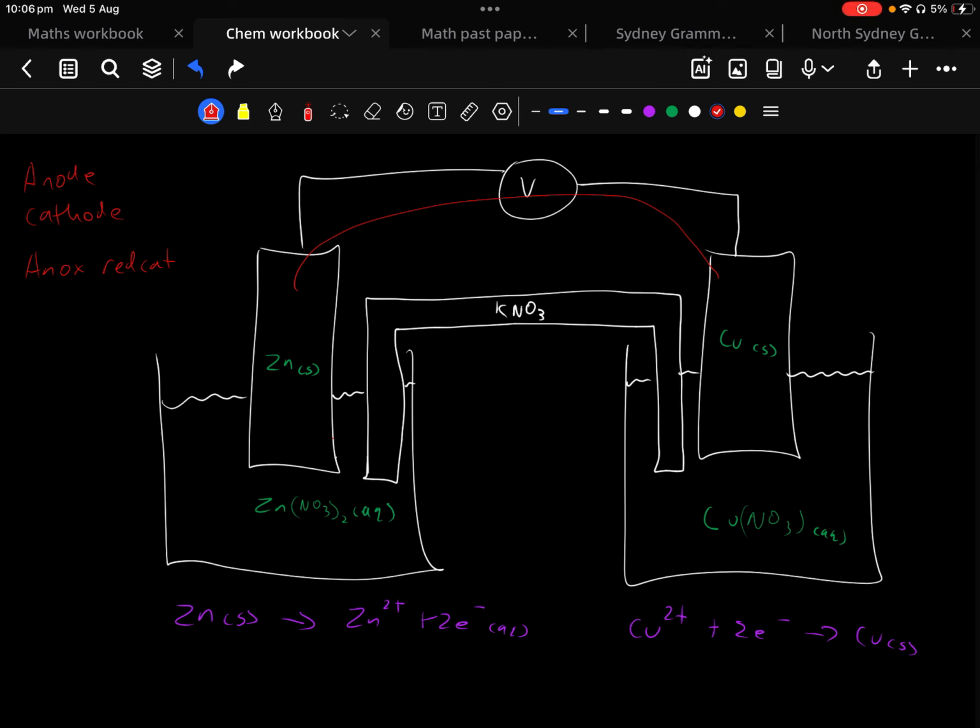Oxidation is the loss of electrons, while reduction is the gain of electrons. Another acronym for that is OIL RIG, where oxidation is loss of electrons, reduction is gain of electrons.